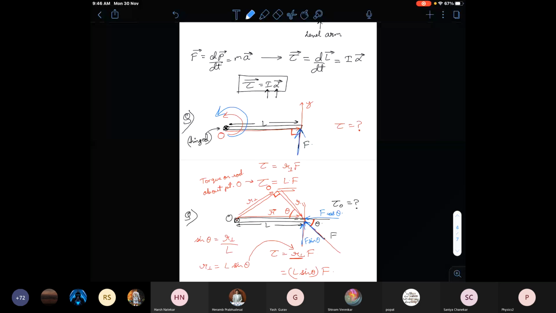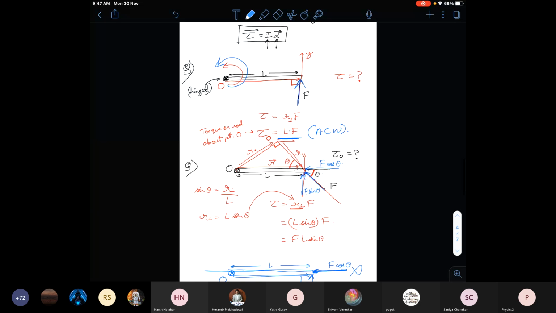So instead of showing it as a vector, we just write in front of the value of the torque, this F into L is the magnitude, and in front of it I write anti-clockwise. So the direction of the torque is also defined by the direction of the motion of the rod.